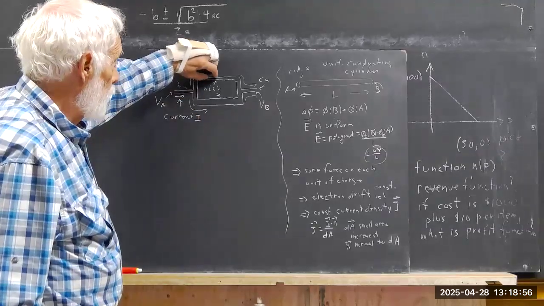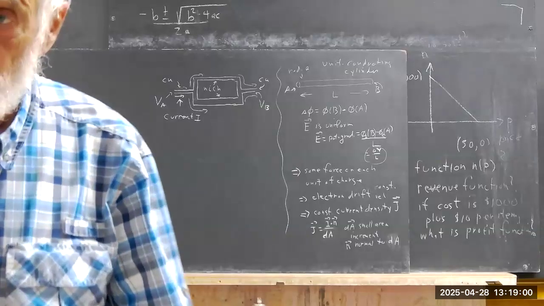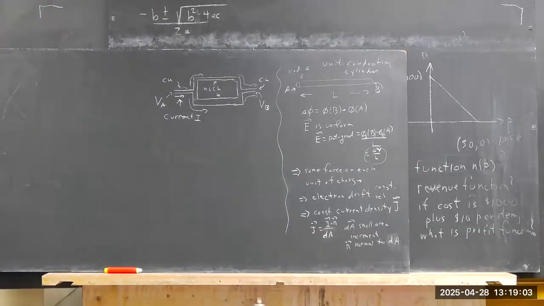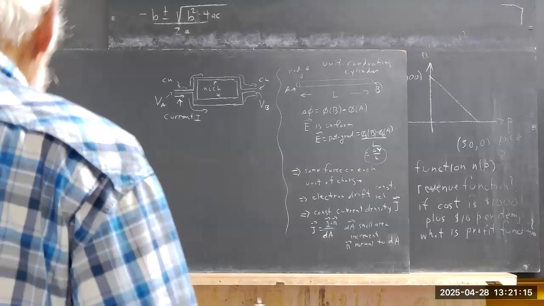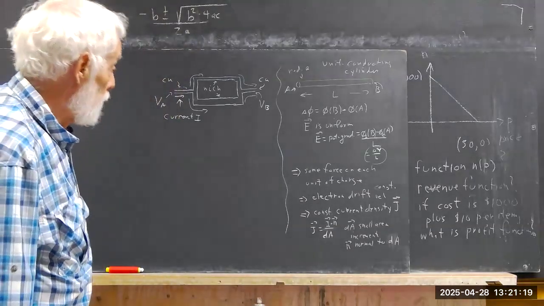You're going to get more current if you open that switch or close that switch. Let's talk about that for a second, because it might be a point of confusion. There's several very fundamental points here that I'm not sure everybody's clear on. Okay.